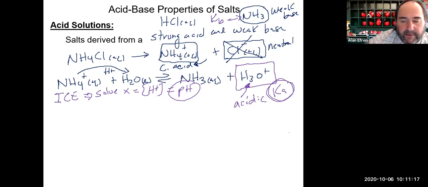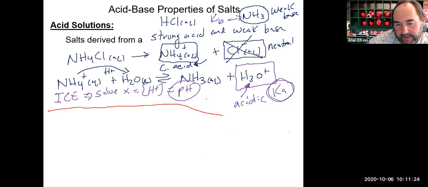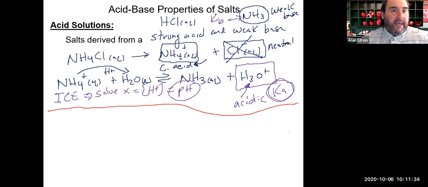As we talked about a number of times up to this point, the easiest way to determine whether you should be using Ka or Kb is looking at your actual equation, which is why it's important to write them correctly and see what you have on the product side. If you have H3O plus, you should be using a Ka. If you have OH minus, you should be using a Kb value. So this is one way that we can generate an acidic solution or an acidic salt.